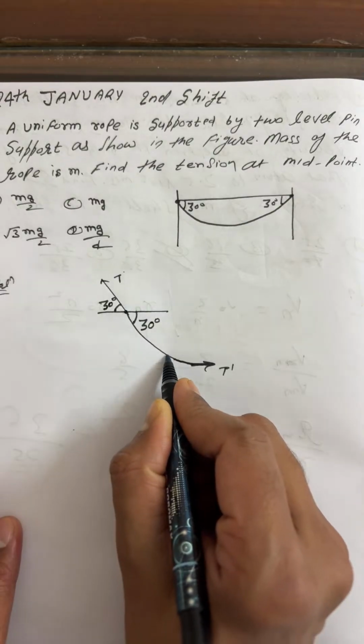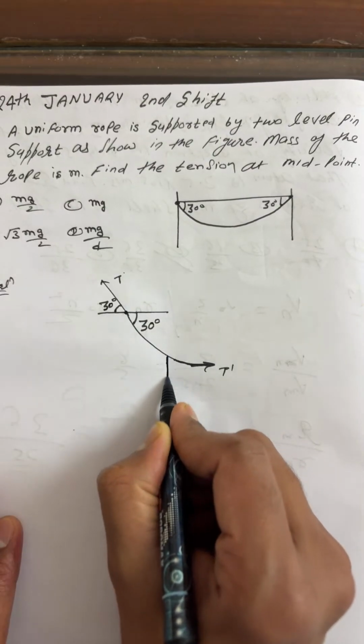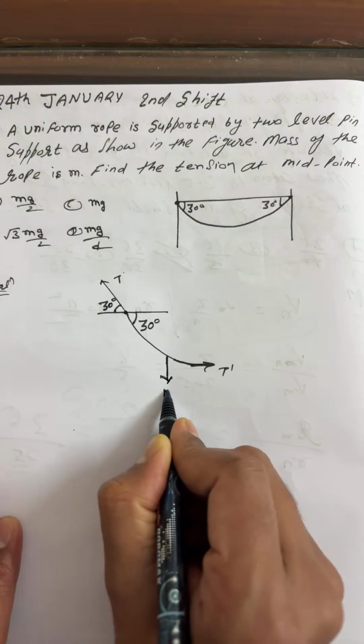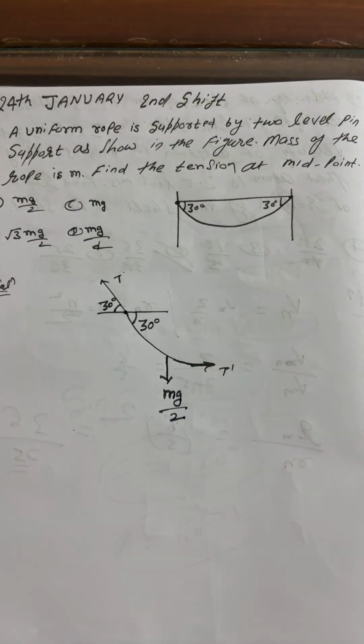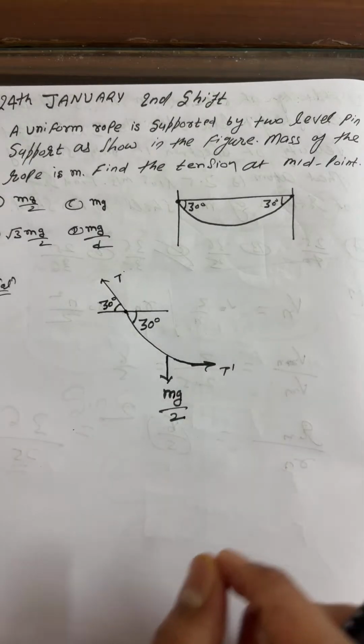Here I'm considering the vertical direction. Mass M acts downward, so each side carries Mg by 2. I hope you can easily understand, because I always explain the questions so that you can understand easily.